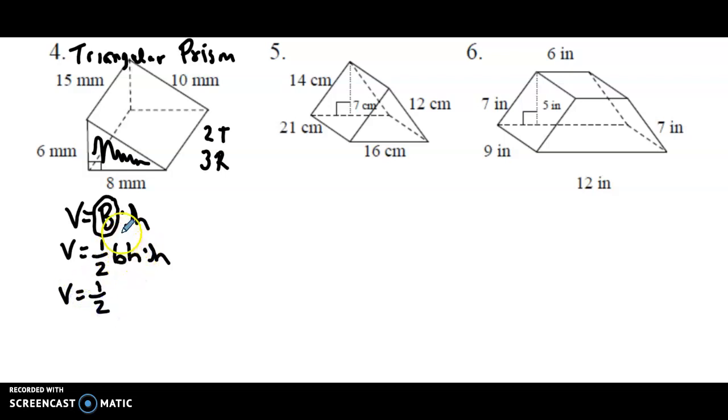My triangle only, the base is 8 and the height is 6. And this cursive H again is the distance in between. So from this triangle to this triangle, the distance in between is 15. What makes this shape harder is you're not going to use all the numbers. I'm going to plug that into my calculator, and I am going to get 360 millimeters cubed.